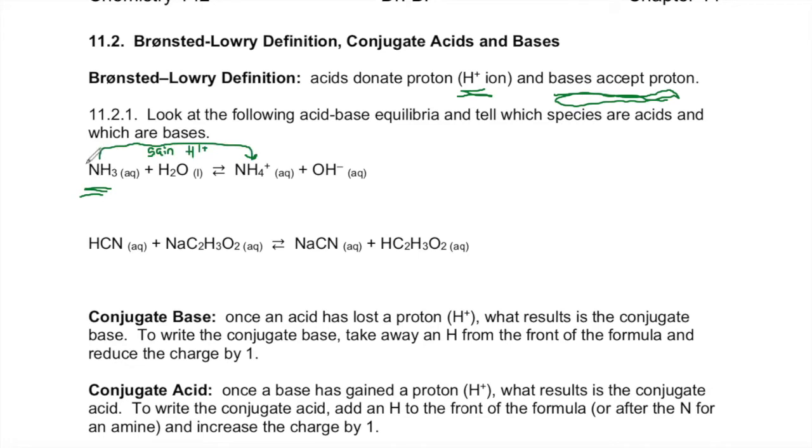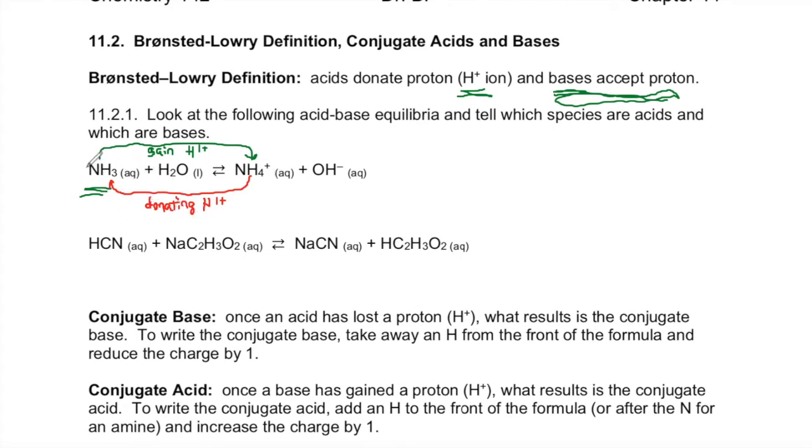Going from ammonia to ammonium ion, what's happening to the ammonia is that it is gaining a hydrogen ion, taking on a proton. It accepts a proton. That's what a base does. Going in the other direction, because we see this is a reversible reaction, going from ammonium to ammonia, it is donating or losing a hydrogen ion.